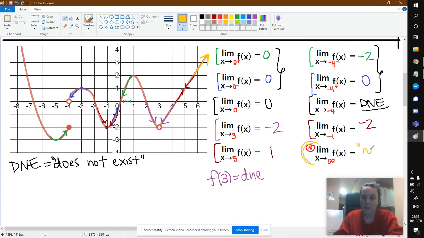We could say, oh, it's approaching infinity because it seems to be going off forever. But technically, we would say this does not exist. The answer for our limit is not supposed to be infinity, right? Limits, in order to exist, have to be measurable and finite. Measurable is a very fancy math word. Finite just means it has to be a number.